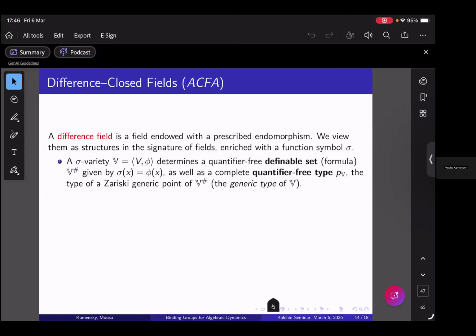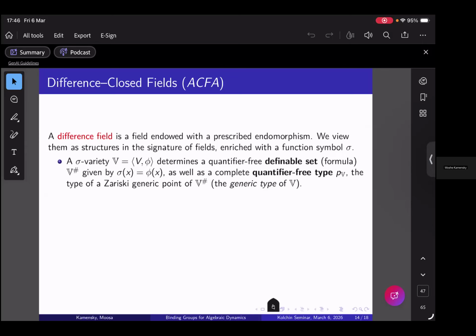There's also a type. It turns out that because we work in the rational category, we don't really want to look at all solutions of this equation, because our maps might not be defined on some of the solutions.